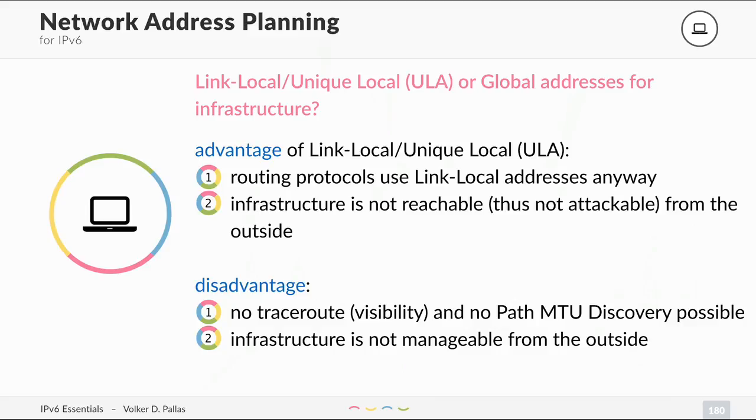That's a good thing. But the disadvantage is, there is no traceroute possible, you have no visibility. If you do a traceroute from the outside and you have addresses on the inside that are not routed, then you cannot see the hops, you can only see asterisks. And also, there is no path MTU discovery possible, which might be a problem for most applications.